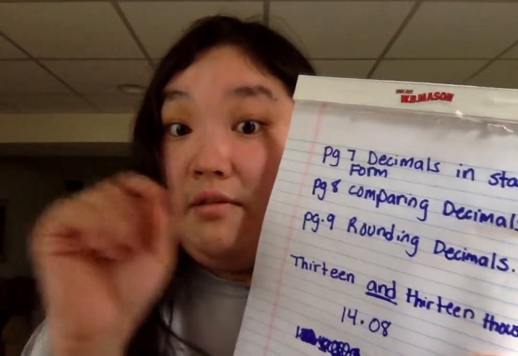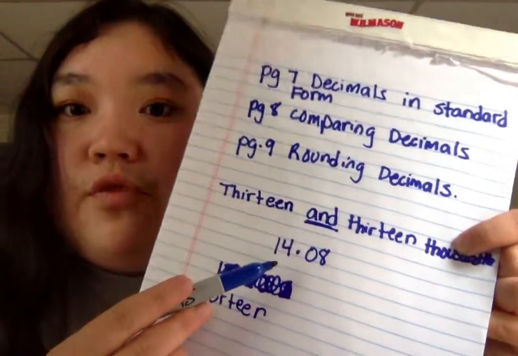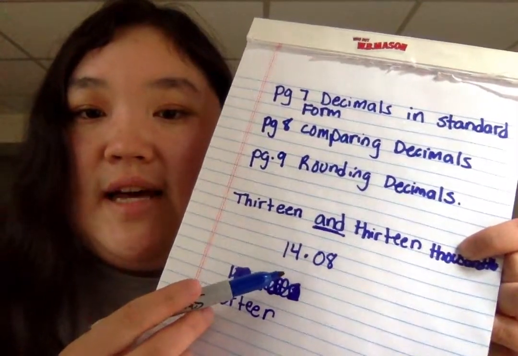I would write out the actual word 14. A Sharpie, let me get it out. So I'd write 14. Now, notice how I have a decimal here. In word form, the decimal is going to be represented as the word and. Whenever you see the word and, that is going to represent your decimal.